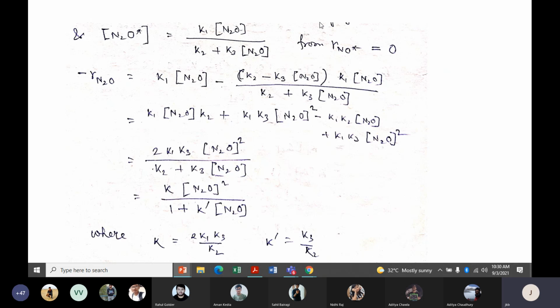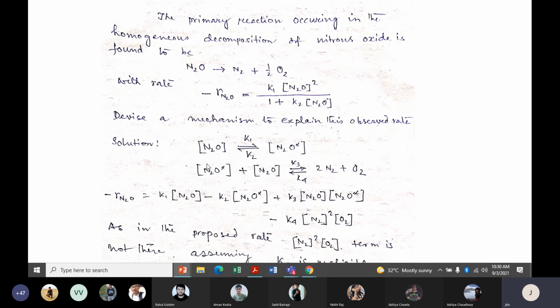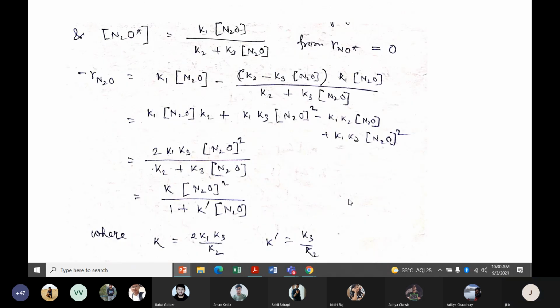Achha, some portion has not come in the sheet. So minus R N2O. In this expression you can substitute N2O star, this second term N2O star, and in the third term also N2O star, and you will get K2 minus K3 N2O, K1 N2O after substitution.